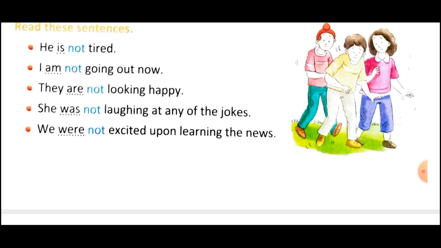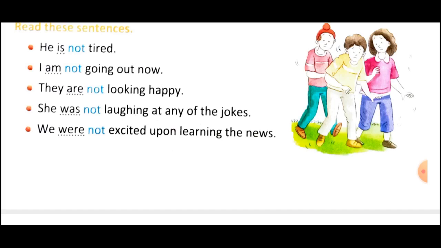This is also a present continuous sentence, and here they is your subject, are is your helping verb, and not is used just after the helping verb to make it negative, and then the rest of the sentence has been written.